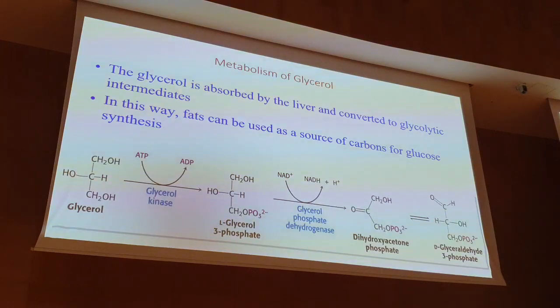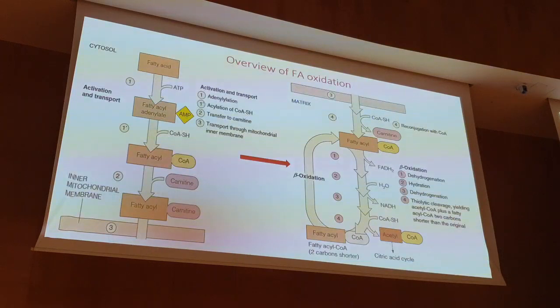Once it's converted into glyceraldehyde 3-phosphate, you can reverse glycolysis and turn that into glucose. All right? Now let's look at what happens to the fatty acids. We broke the triglyceride, we turned it into a fatty acid. What happens to that?